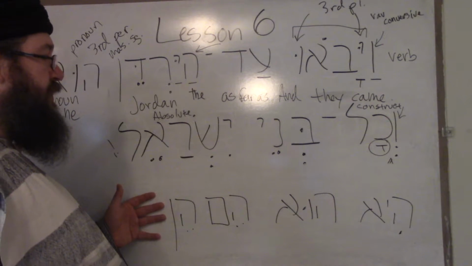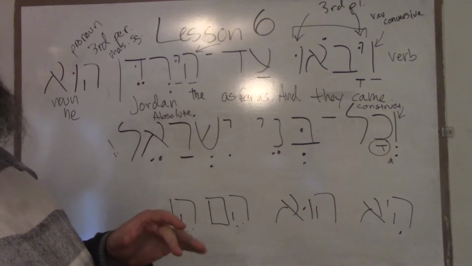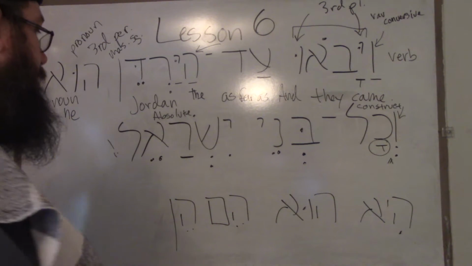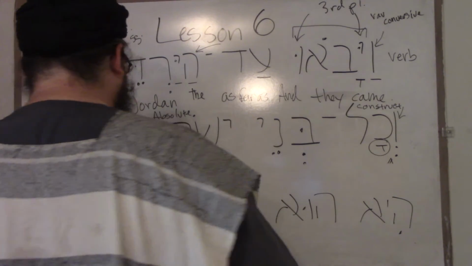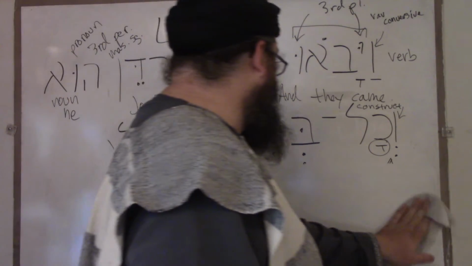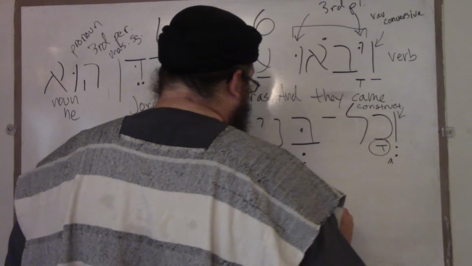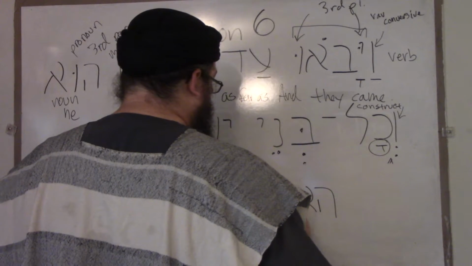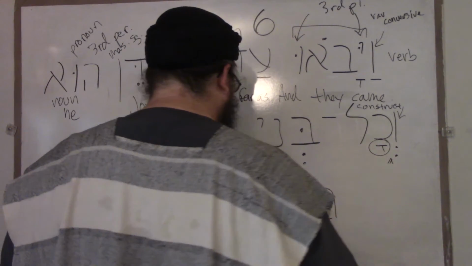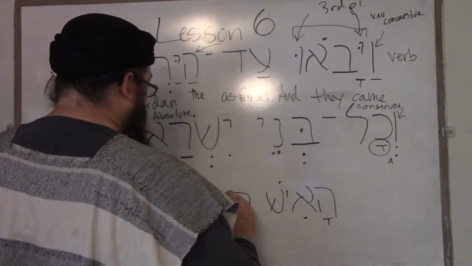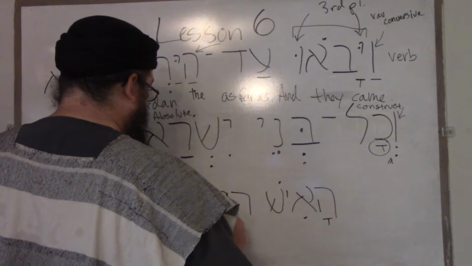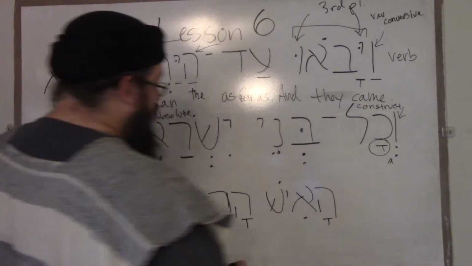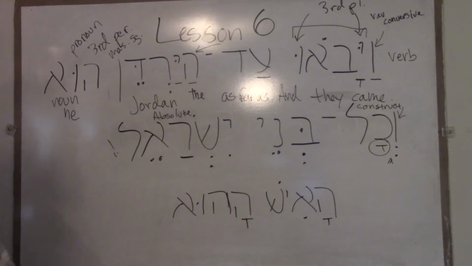Demonstrative pronouns are utilized when we want to point at something. For example, if I was to say, and I'm going to erase these now, if I was to say, ha'ish hu, what does this mean?